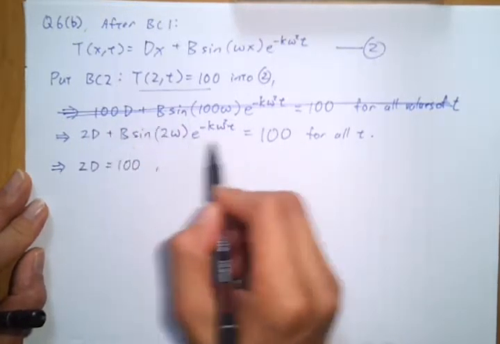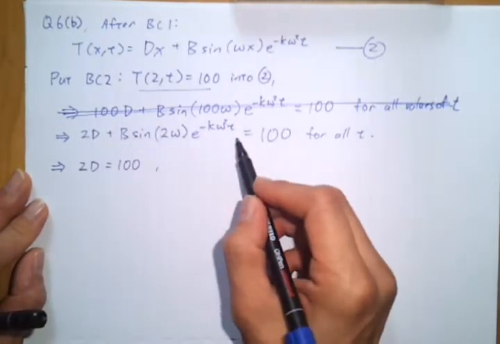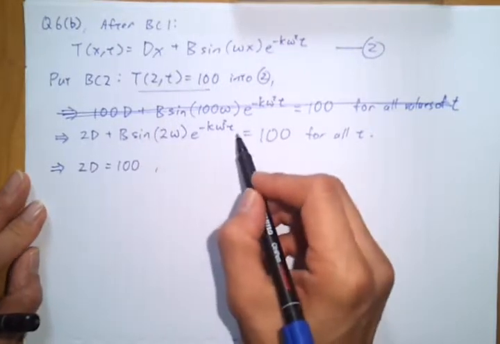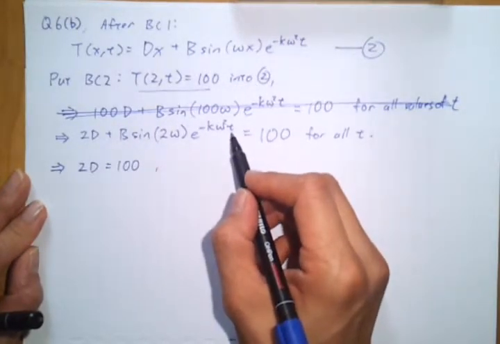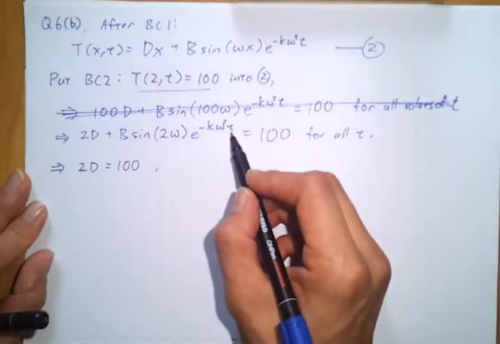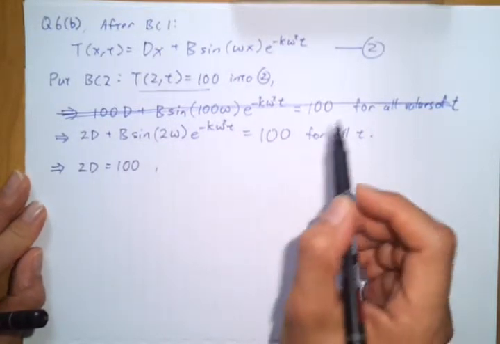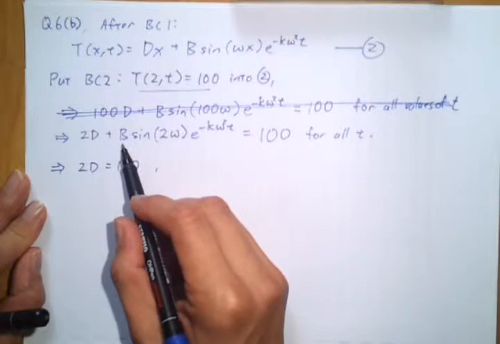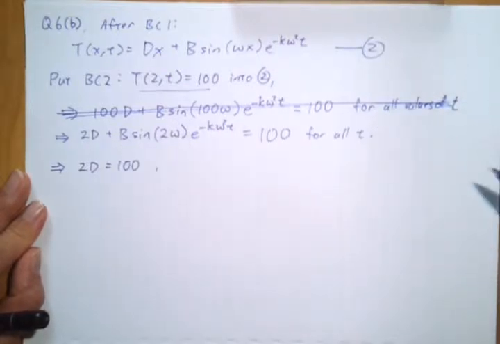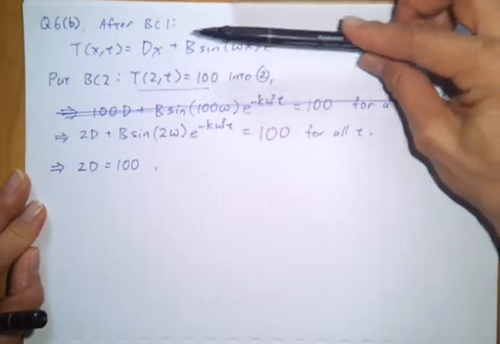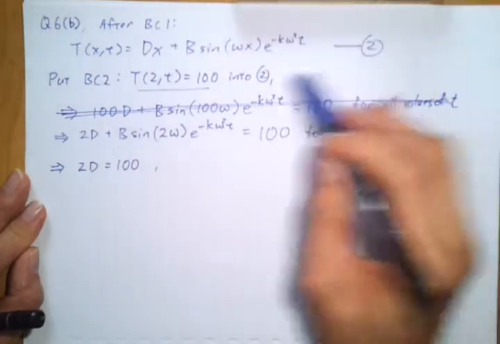So how do I make this term always 0, even though t can be changing? Well, you could make b equal 0, but then you just throw away this whole term of your solution.